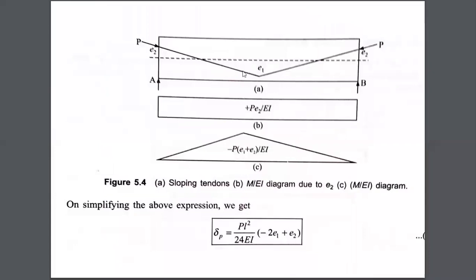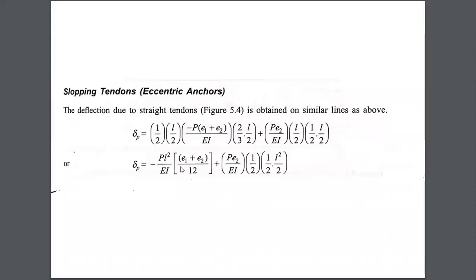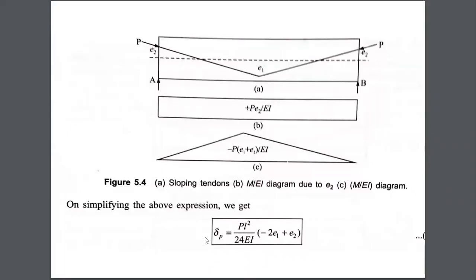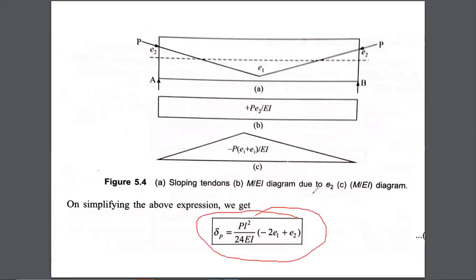Next, sloping tendon. Sloping tendon is nothing but like this: a straight tendon, but with some slope at the support as well as at the middle. Students, the formula derivation and all is not important, only the formula is important.